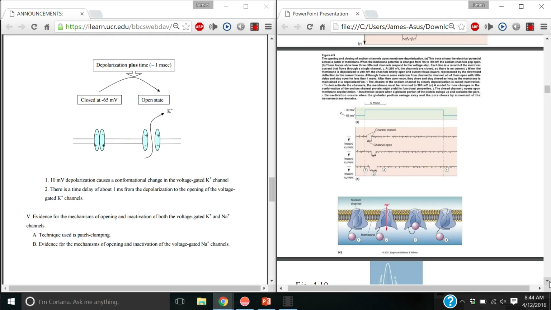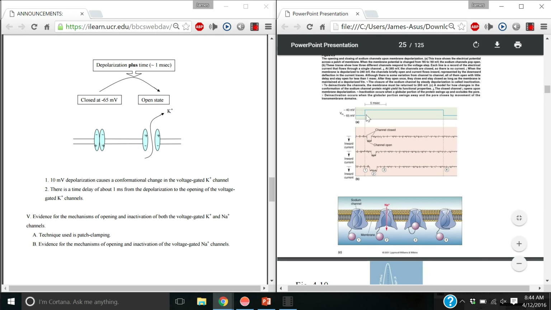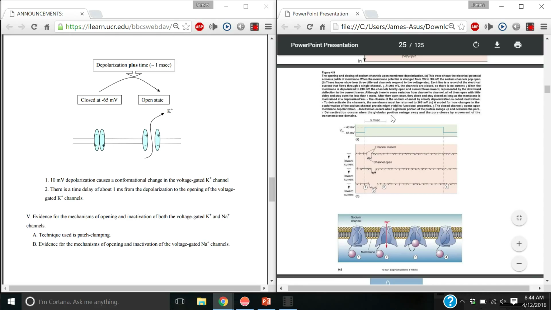You're clamping the voltage. During an action potential, you have this rapidly changing voltage. Here, you want to see what happens with constant voltage. Typically what's used is -3 millivolts as the clamping value. Just throw that in for free, because that's a value of depolarization that will open virtually all of the voltage-gated sodium channels.